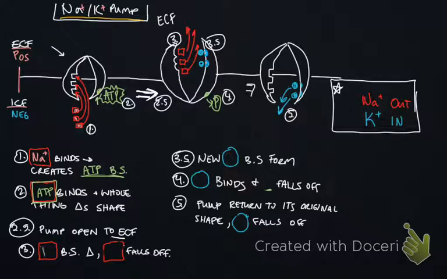The sodium, with its positive charge, the sodium binding site changes and no longer fits the sodium. So our 3 sodium falls off. So how many sodium have we moved to the extracellular fluid, to the outside of the cell? 3.